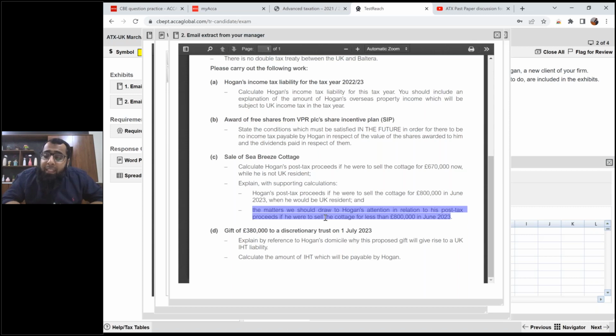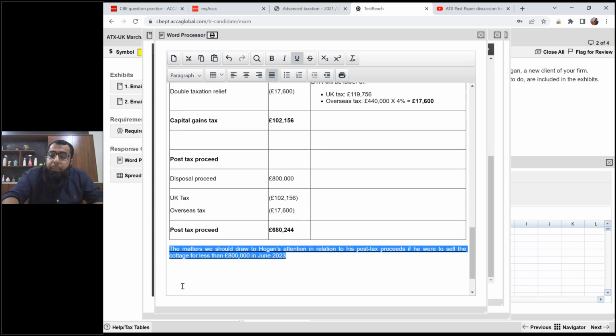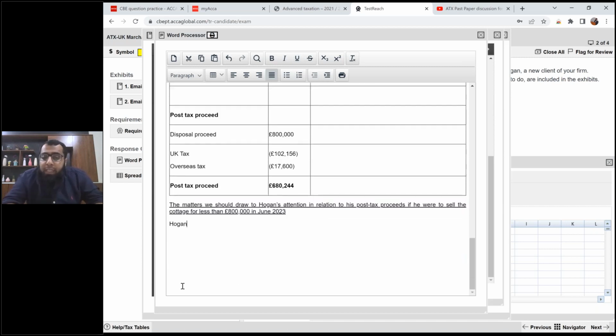What are the matters which he should think about? This was one of the parts in which the student may make an error. Hogan's post-tax proceed.